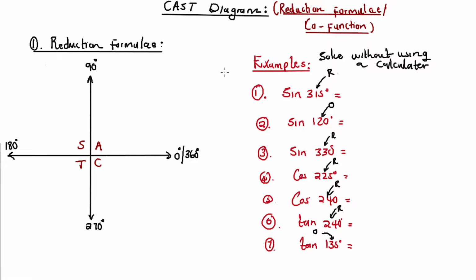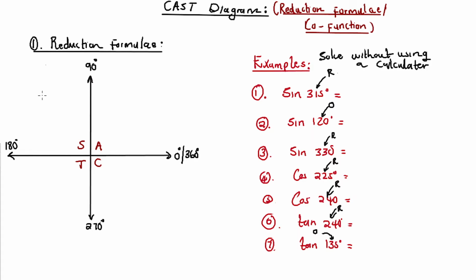Just go through it and understand the whole idea with special angles. We are solving without using a calculator, so it means that you have to do some arithmetic on these angles so that you can have special angles.